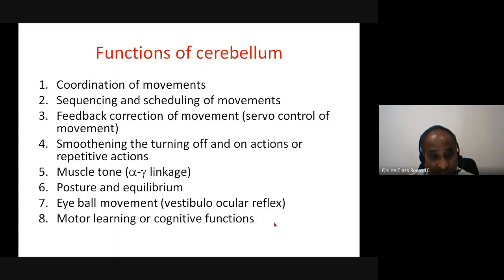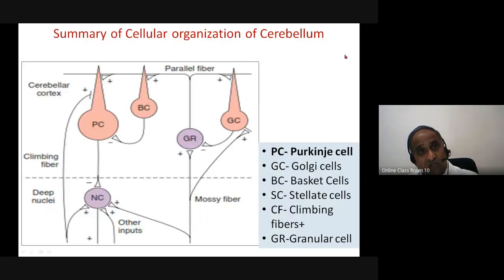By doing repetitive actions, these cerebellar things become perfect, and that is a part of the learning and the cognitive actions. That means you do the actions very precisely, very accurately. So these are all the functions of the cerebellum. To summarize the cellular organization of the cerebellum, try to remember this diagram because I may be using this diagram in my next discussion.